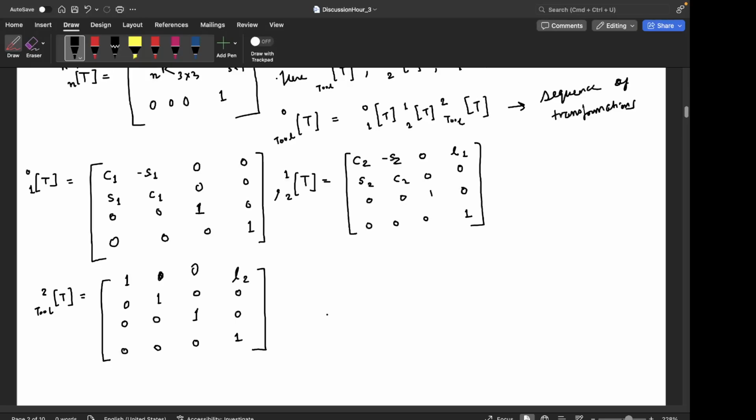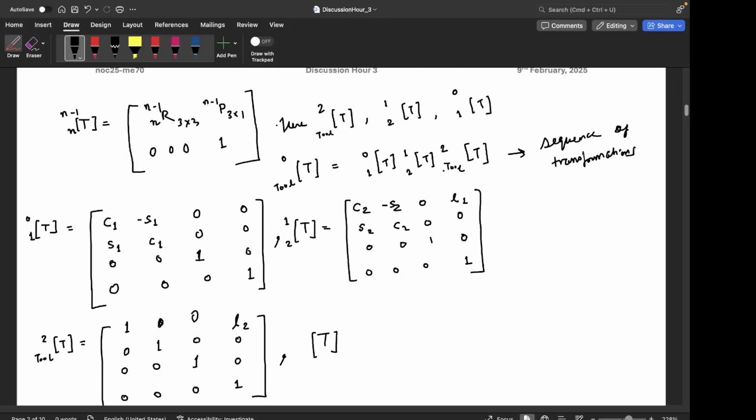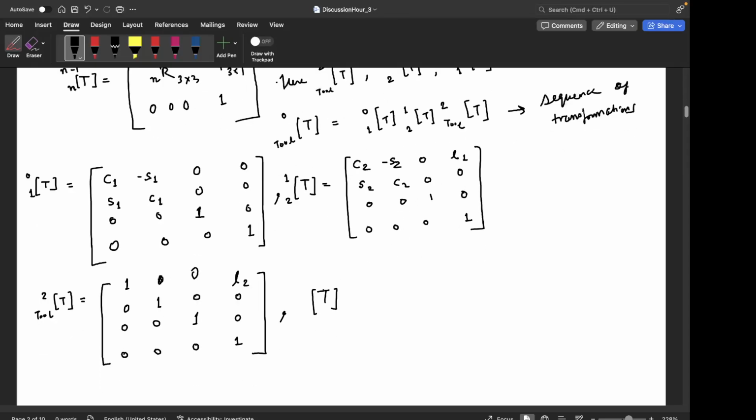Okay, so now we have all these three matrices. What we do next is start multiplying. We can start multiplication in any order. So let's first multiply the last two matrices, which will give us tool to 1.